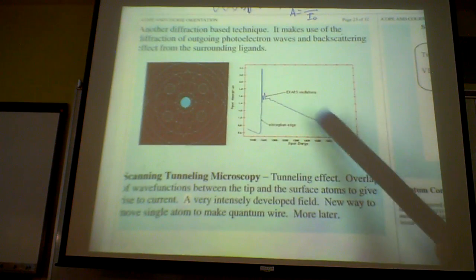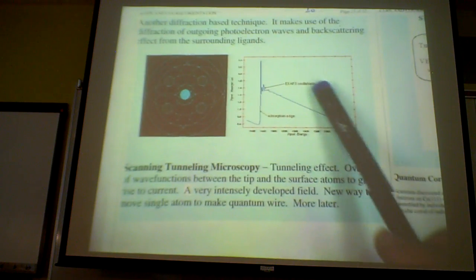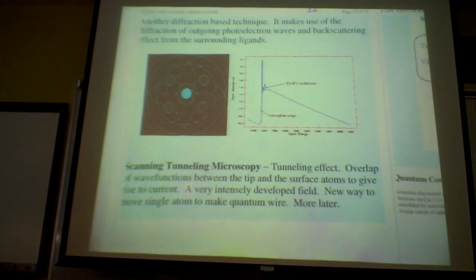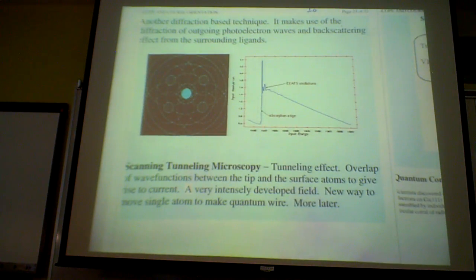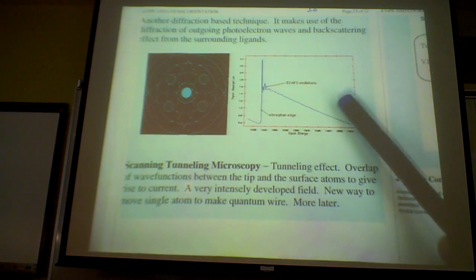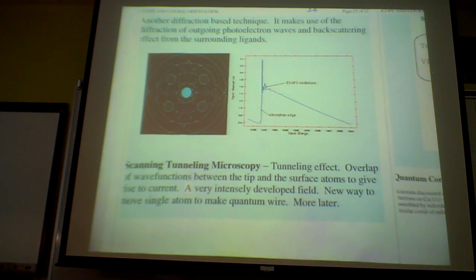I actually worked, many years ago, on related phenomena. Instead of measuring the absorption edge, we actually measured the diffraction of a photoelectron, and it is related to this exact technique. So that's why I know a lot more about this technique in technical terms, how to analyze and things like this.